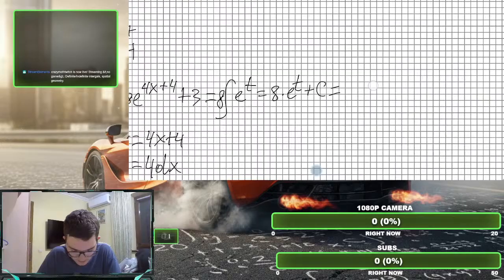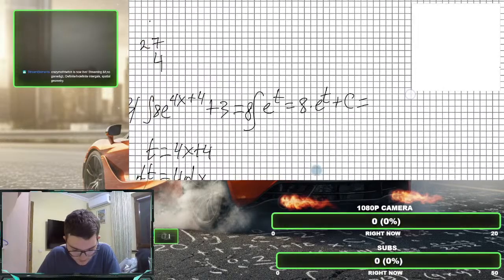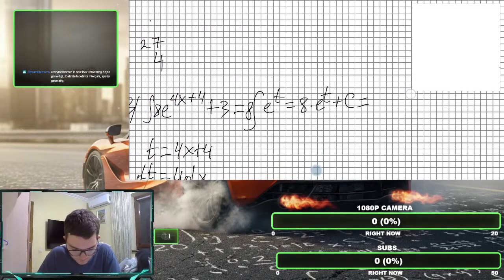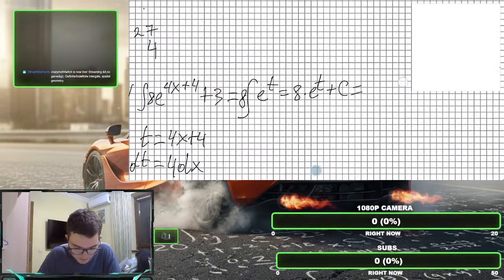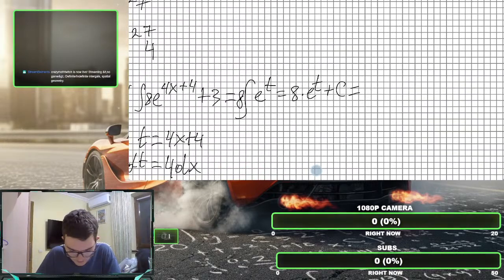And now instead of t, you just put the initial expression, which is 4x plus 4. So 8 times e to the power of 4x plus 4 plus c.